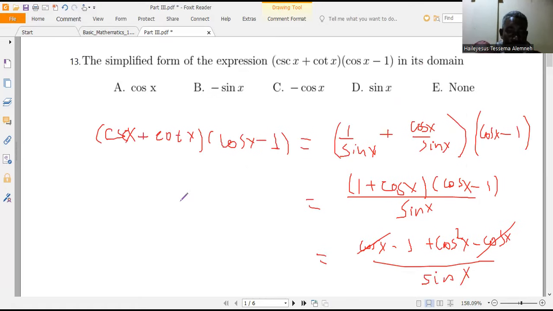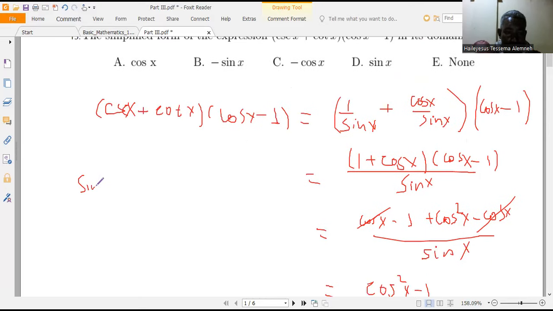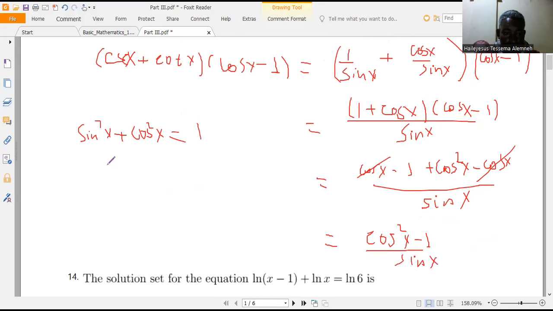We know that sine square x plus cos square x is equal to 1, which means that sine square x is equal to 1 minus cos square x. We have cos square x minus 1 here, which is the negative of this one.